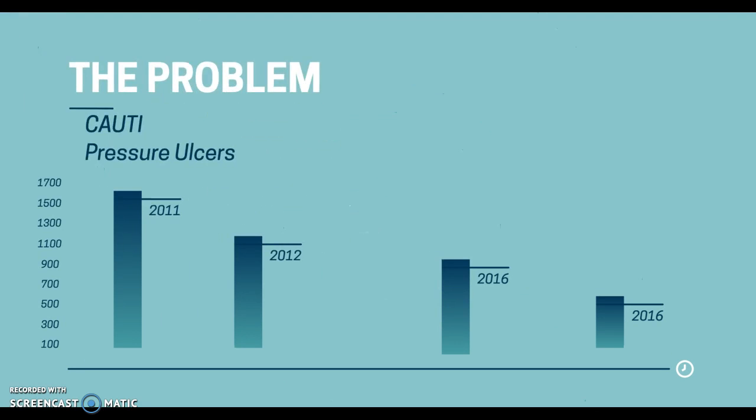So, for instance, the CAUTIs and pressure ulcers, and these numbers, not necessarily accurate, but it does show a generalized trend, okay? So, over time, with all the data that we've been able to obtain and research that has been driven by the data since having an electronic means of collecting and centralizing and analyzing all our data, it has shown that CAUTIs, or the catheter-associated UTIs, have started to decrease.